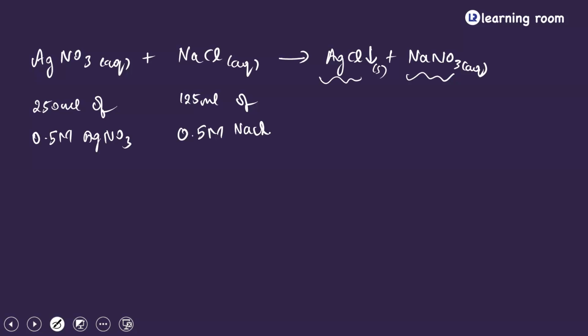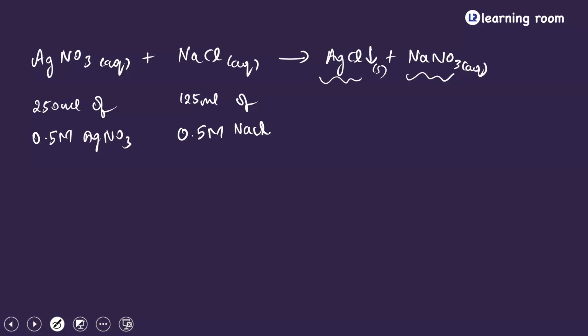The molarity is the same, the volume is different. Suppose you have two big drums. In one there is 0.5 M AgNO3, in the other 0.5 M NaCl. I take a mug from this. The concentration of that one mug will also be 0.5 M. It's not going to change. Only the volume is different.